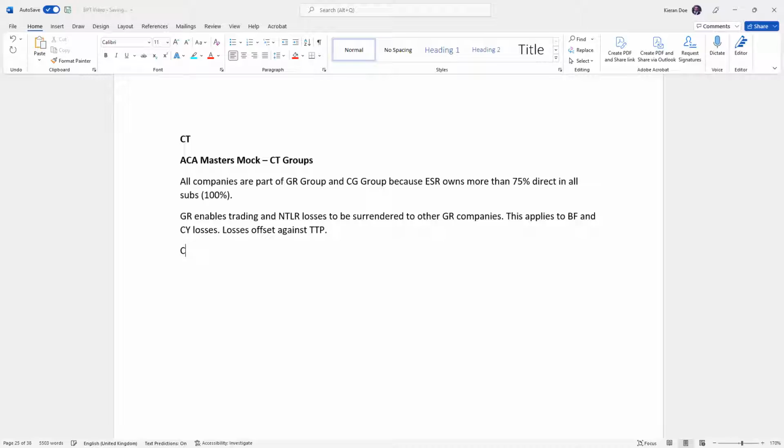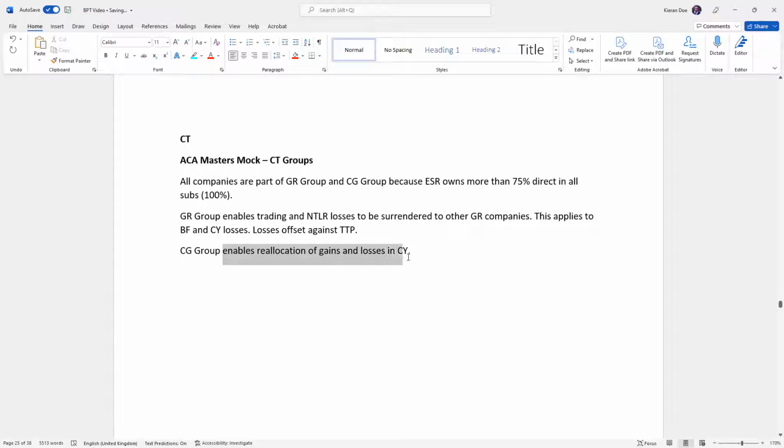So like chargeable gains group, group relief group enables chargeable gains group, enables reallocation of gains and losses in the current year. And then we could put, so that doesn't apply to brought forward losses, where you reallocate the gains and the losses in the current year.